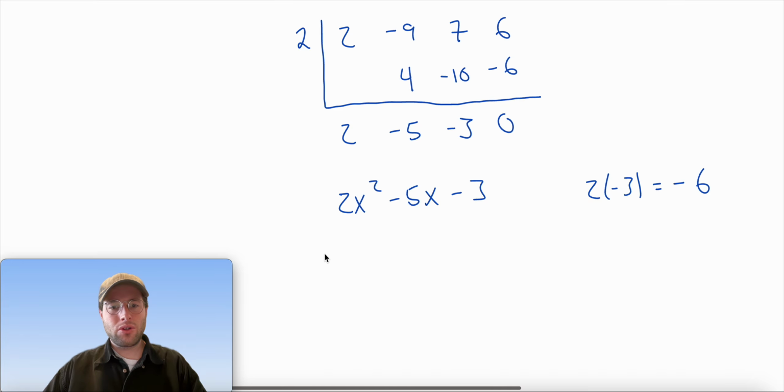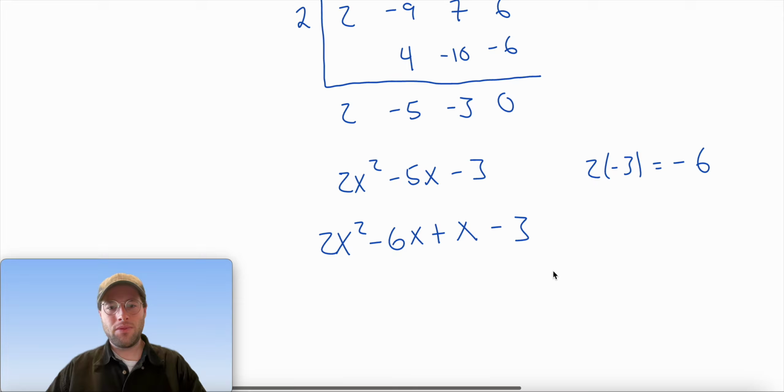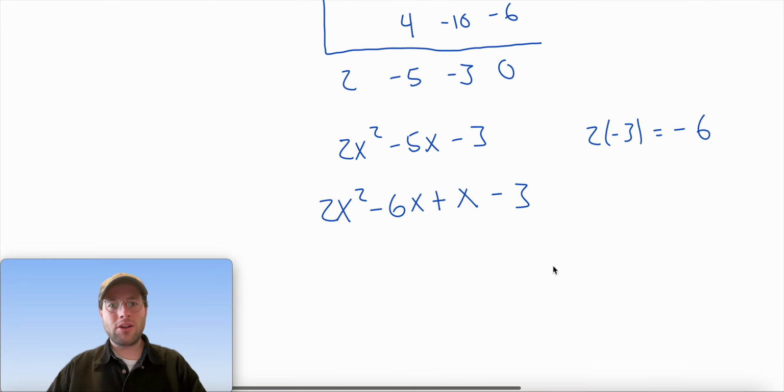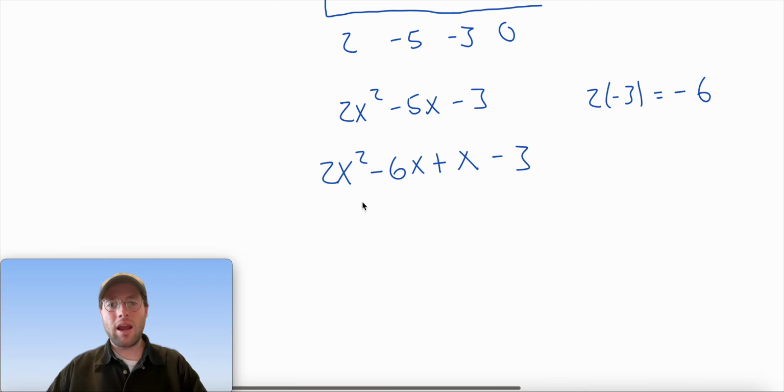So I'm going to rewrite this as 2x squared minus 6x plus x minus 3. And then we're going to do the factoring by grouping. And I just want to say here, if you're a little confused about what I'm doing with the AC method or the factoring by grouping, I do have other videos on that.